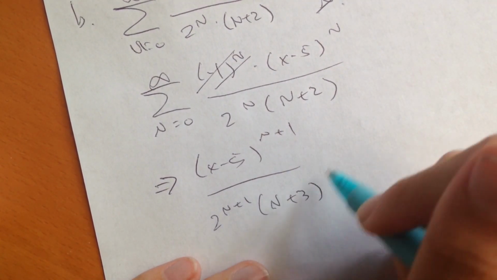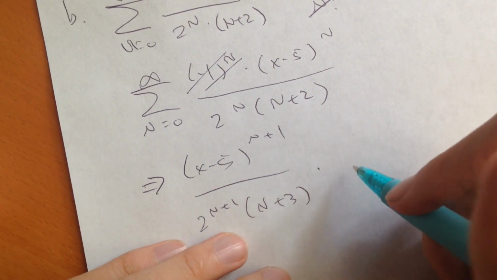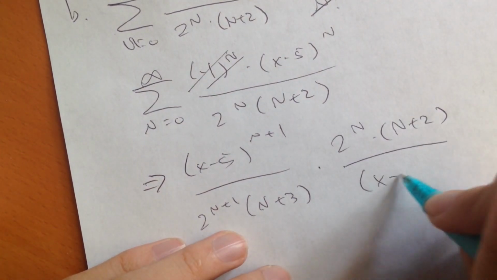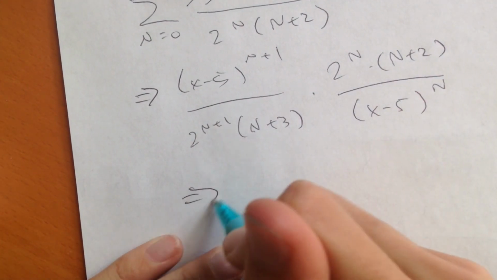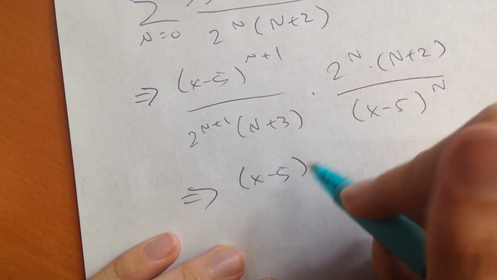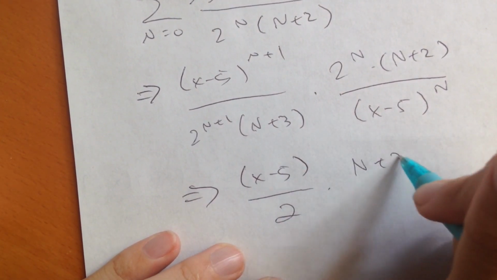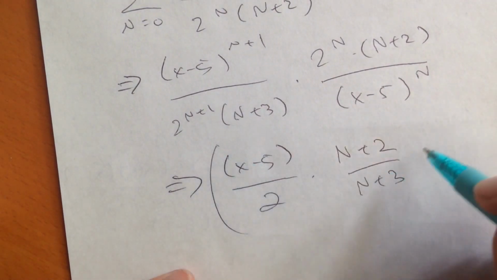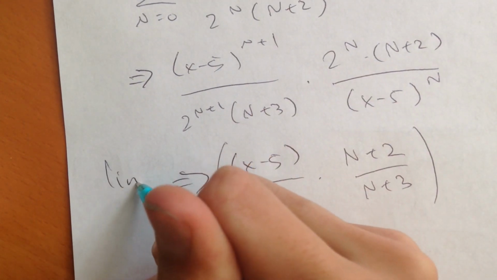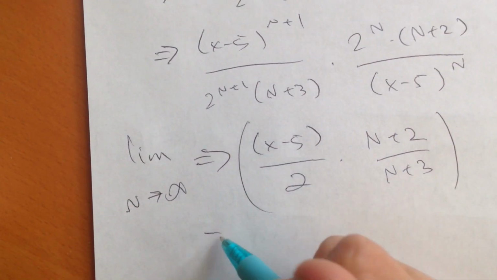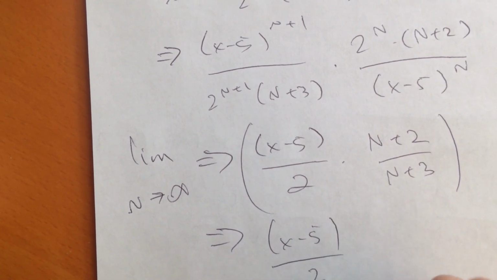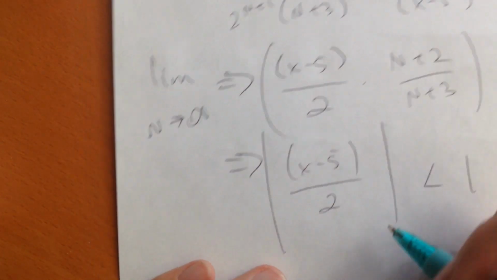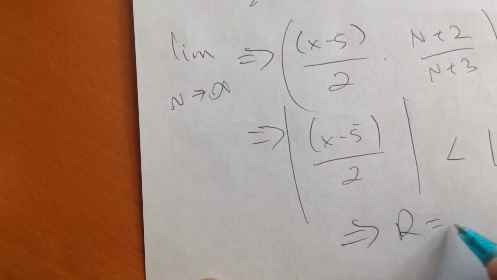Remember, we're just replacing all the n's with n plus 1s, and then we divide by the original series, and this yields x minus 5 over 2 times n plus 2 over n plus 3. But remember, this is the limit as n approaches infinity, so this yields x minus 5 over 2. And the absolute value of this is going to be less than 1. So it's pretty clear from here that our radius is going to be 2.